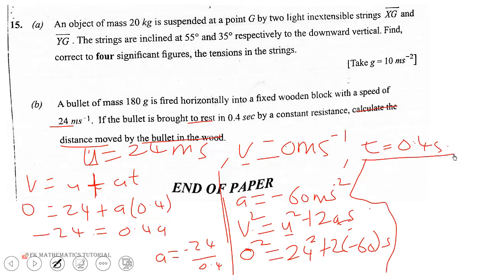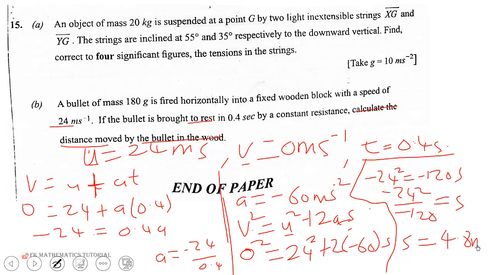So we get negative 24 squared is equal to negative 120s. So negative 24 squared over negative 120 will be equal to s. So s will be equal to 4.8 meters. So that is the distance moved by the bullet in the wood.